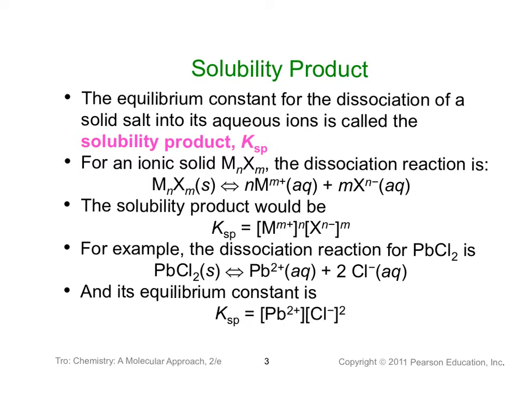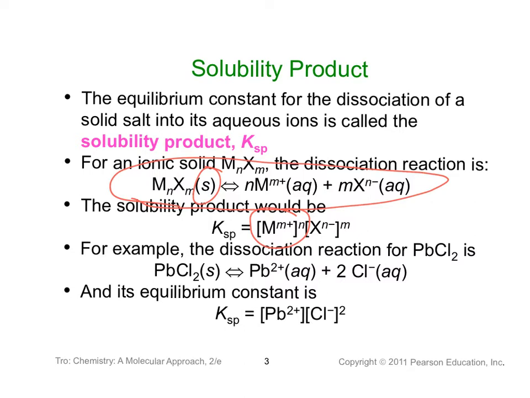Okay, and the generalized form of this is seen in this center here, where it says, look, if you have some kind of metal with an anion, MnXm, and it is primarily insoluble, in other words, it's a solid, then we can measure using the Ksp what that solubility is, and we'll measure that solubility in terms of the amount of the metal that goes into solution.